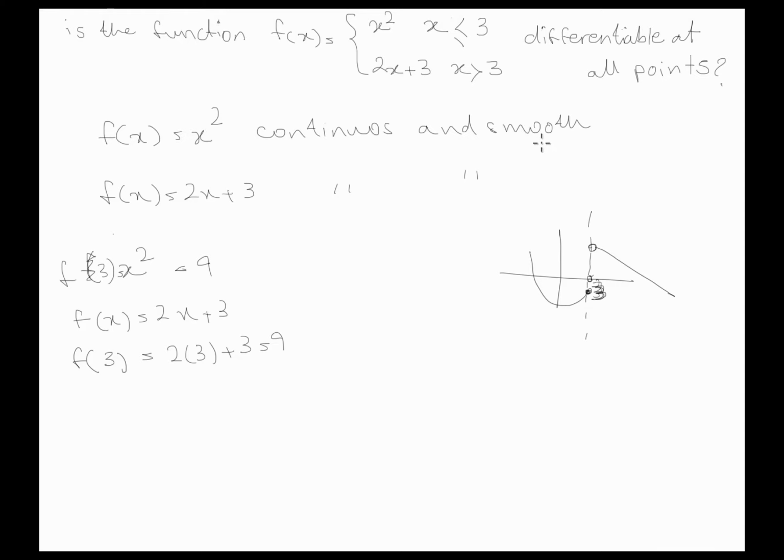Now what you need to know is whether it's smooth. One thing you can do is to sketch this graph. This is a graph of x squared, so this is just a normal graph of an x squared function, touching at x is equal to 0. And now this graph of x squared is only going to come into play when the values of x are less than or equal to 3.